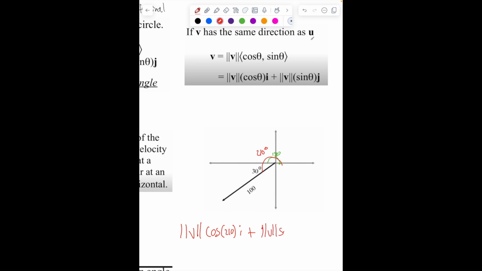There we go. And because we have this right here, we can substitute. We know that our unit vector, our distance of 1, is 100 miles an hour. So I'm going to rewrite it as 100 cosine 210 i plus 100 sine 210 j.